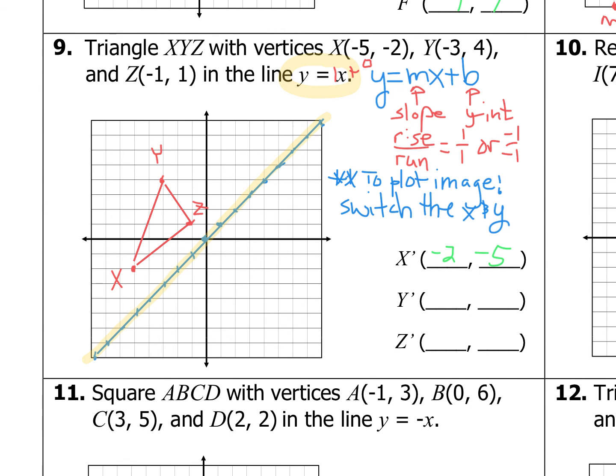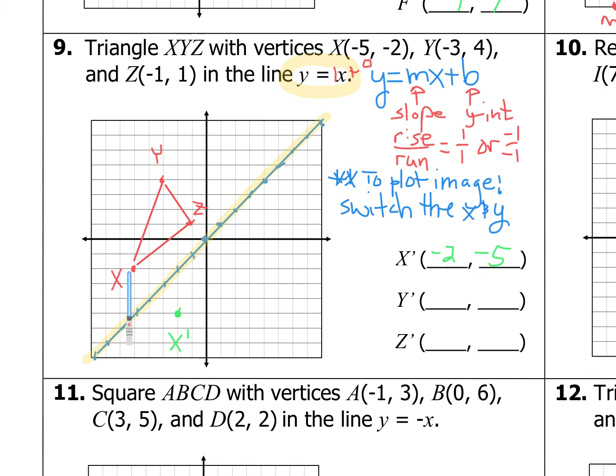So let's plot -2, -5, and look to see, is it equal distance from the line of reflection? So -2 means I'm going to go left 2, -5, down 5, and it puts me right over here, which is on the other side of the line of reflection where I want to be. So I'm going to plot that point and title that x prime.